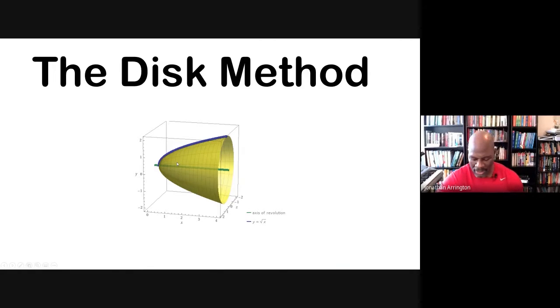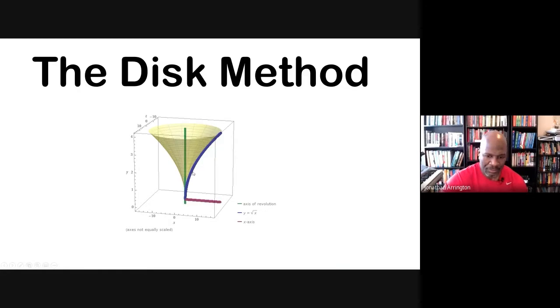Well, when we're rotating about the y-axis, the radius is obviously no longer going up and down. It is no longer a y value. You can see here, the radius is actually an x value, and it's the value of the function evaluated at y.